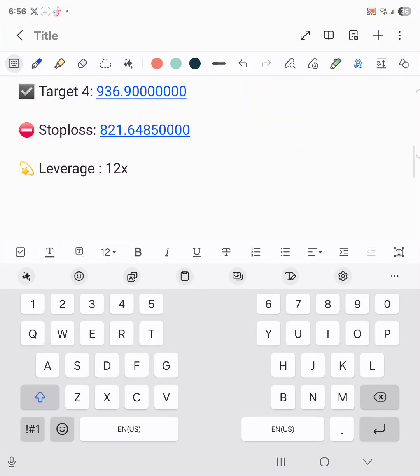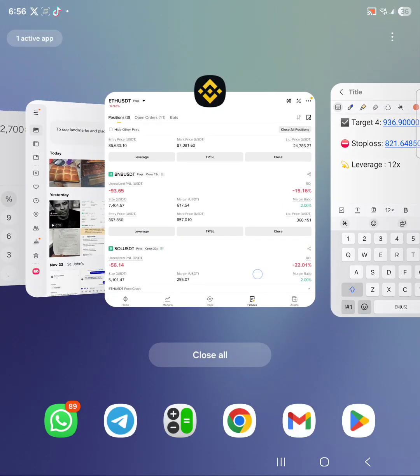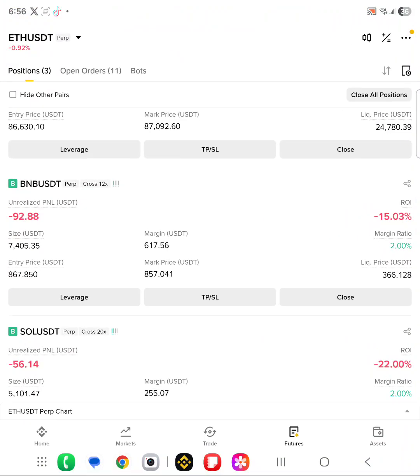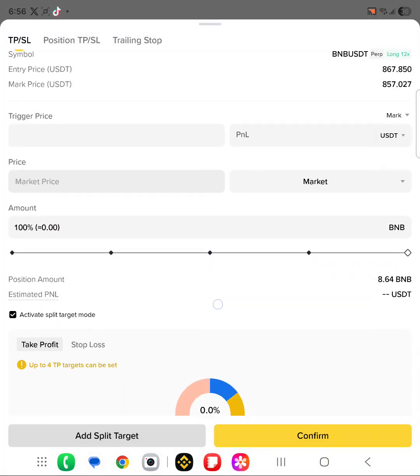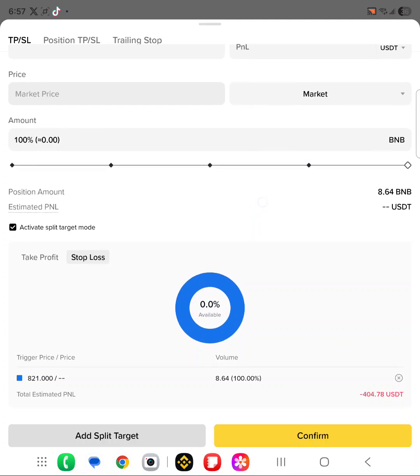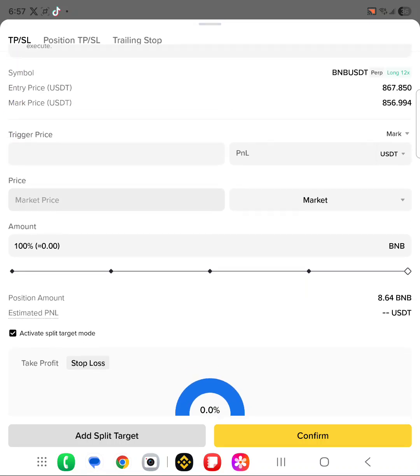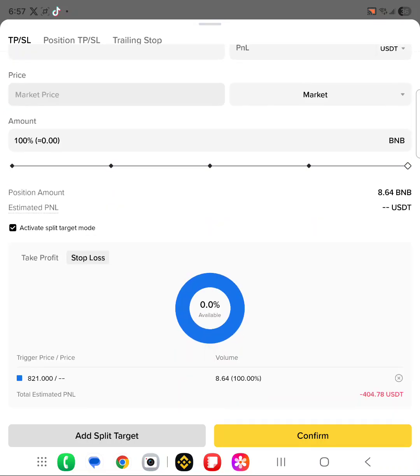As you can see, the stop loss here is 821.6. Let me see if that's what I put in. Let me click on this one. Stop loss. Okay, I put 821, so I can even just change it to the .6 right now. But it's on 821 right here. You can see my stop loss. This is it in blue here.